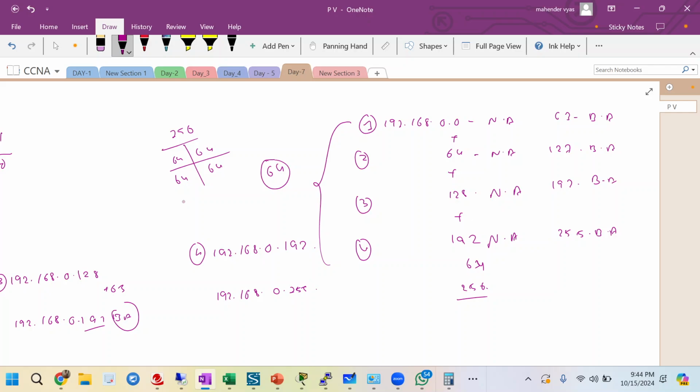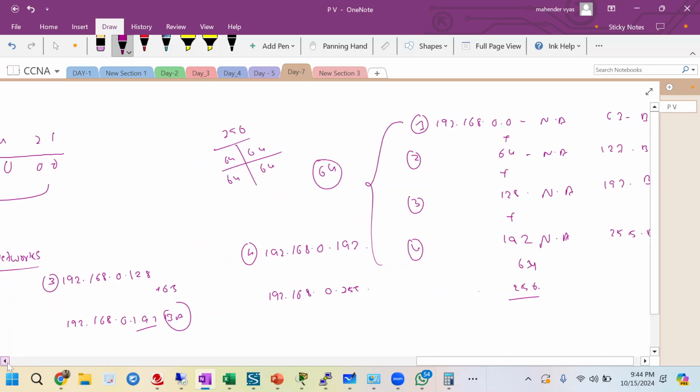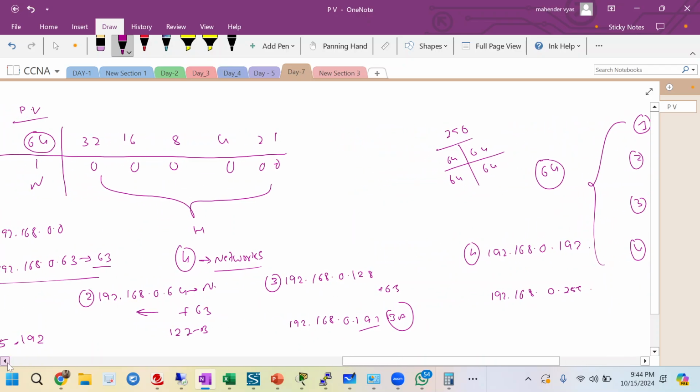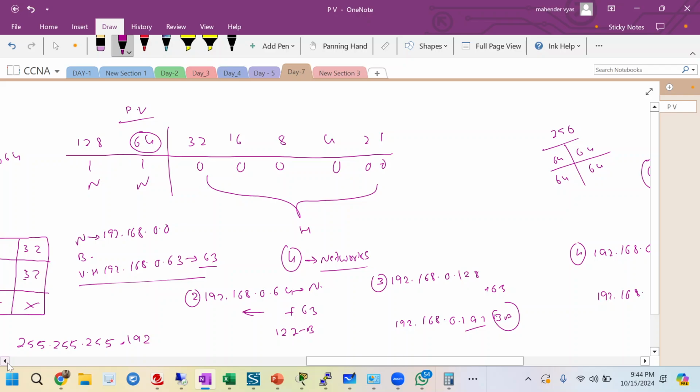Guys, are you able to understand? I am not understanding why we are grouping it into four only. No, why we are grouping is a later part. If you understand how you are grouping, that would be enough for now. Why we are grouping will come in the next chapters.